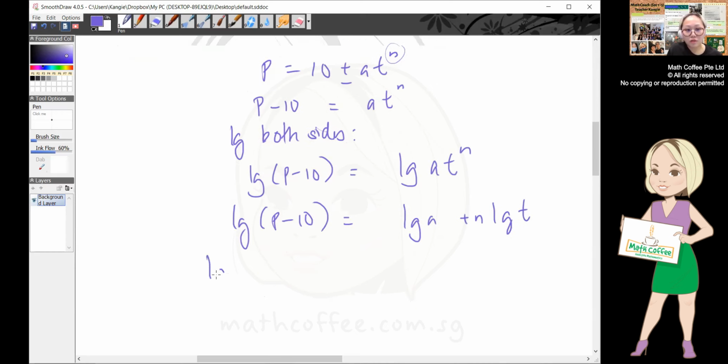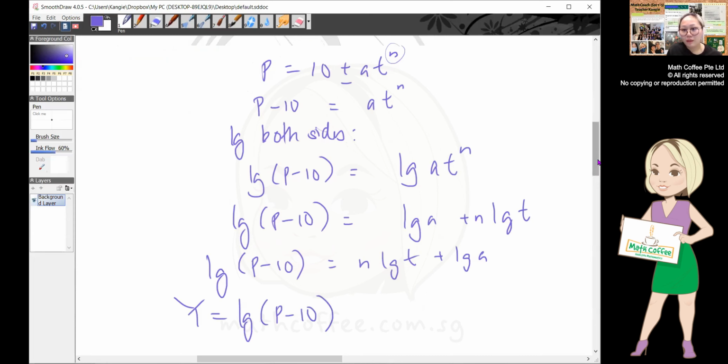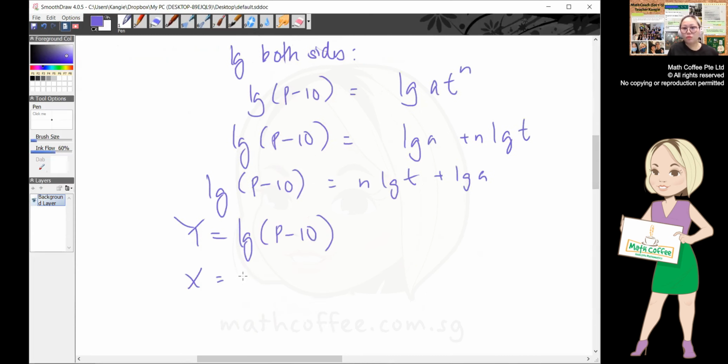Shift a bit. So my log (P minus 10) equals n log T plus log a. Big Y for this case is log (P minus 10), my big X is log T, my m is n, and my c is log a.